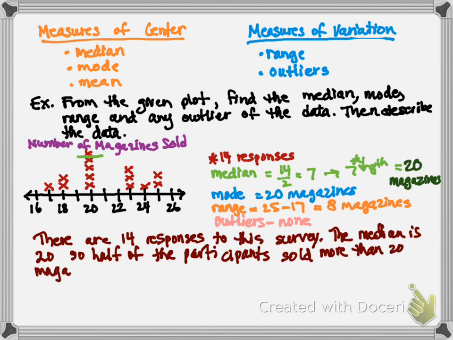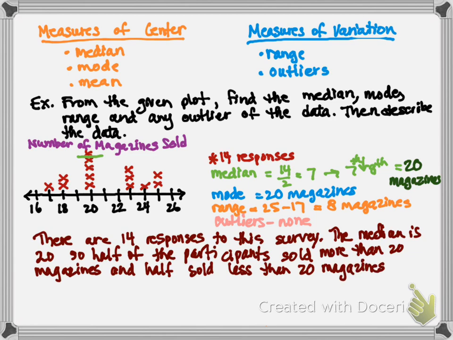Okay. And half sold less than 20 magazines. Makes sense. Oh, sorry, less than 20 magazines. The mode is 20.